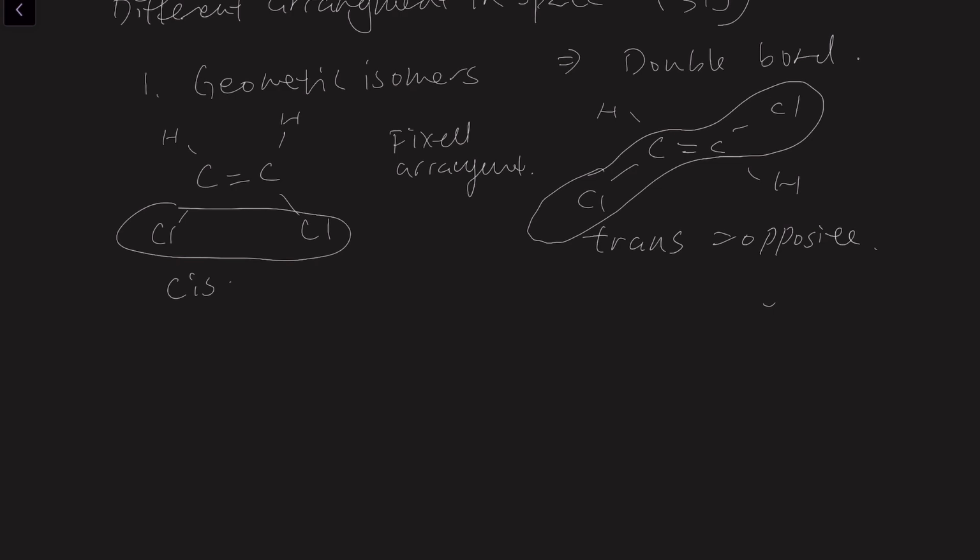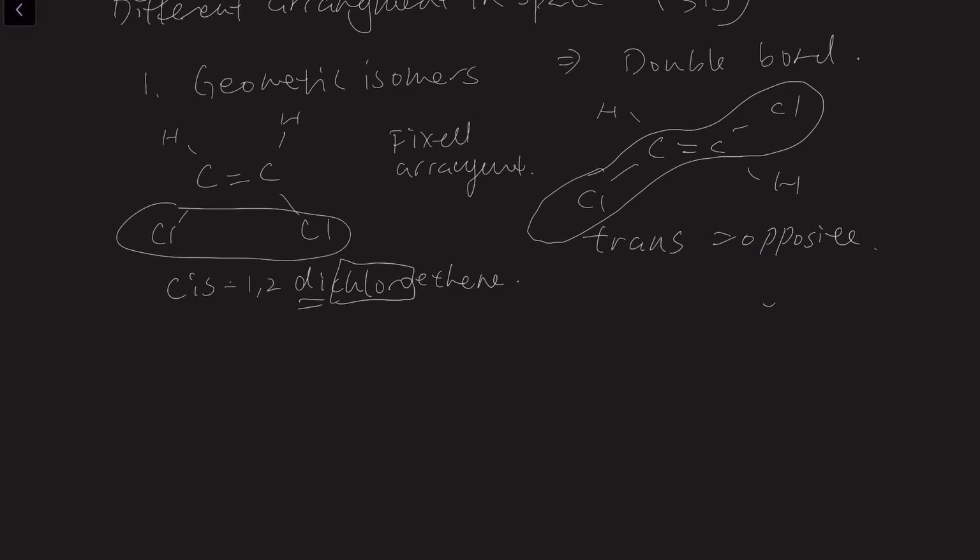So firstly, let's write down the name of those two species. So this is called cis-1,2-dichloroethene. So it's di because we have 2 chlorine atoms. Chloro is just a special name.